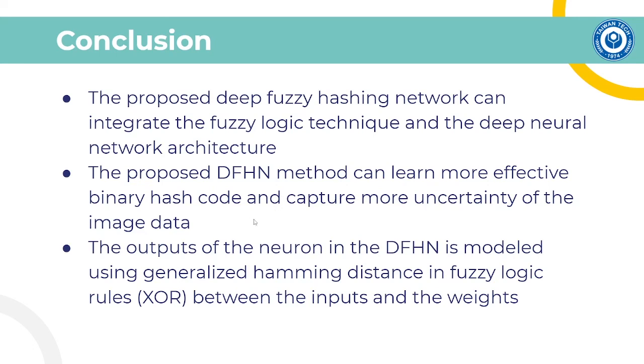And they do this by changing the output of the neuron in the deep neural network, using generalized Hamming distance in fuzzy logic rules, which is the sort operation between the inputs and the weights. They also provide a new loss function to generate the binary hash code.